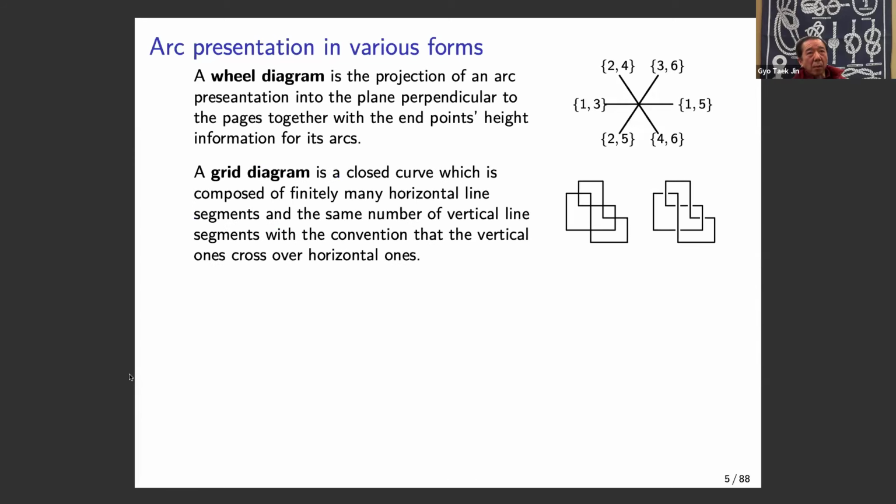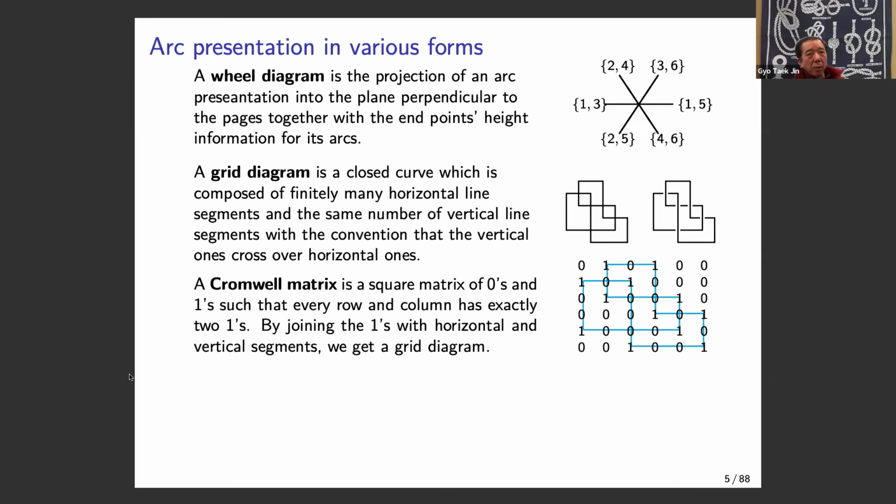And the grid diagram I explained just before. For a grid diagram, we may draw the horizontal segments broken, understanding that the horizontal line is below the vertical line.